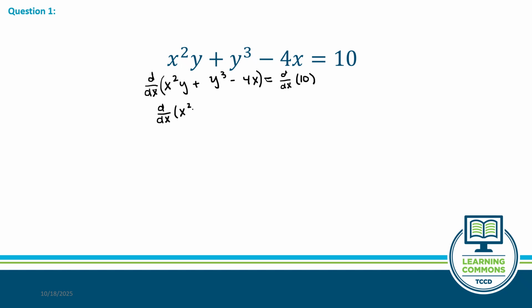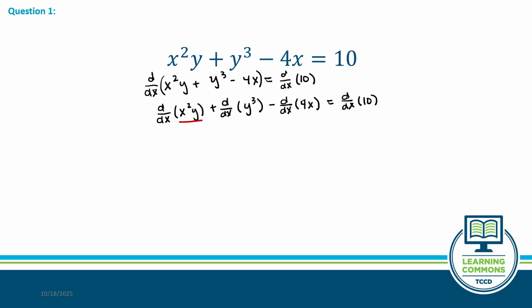So d over dx of x squared y plus d over dx of y cubed minus d over dx of 4x, it's a 4 I promise, and d over dx of 10. Okay, so I'm going to start over here.